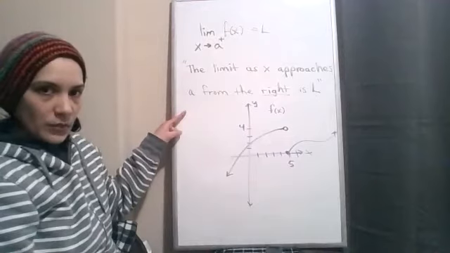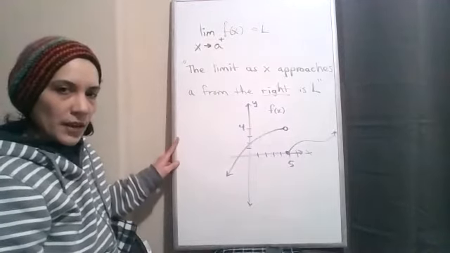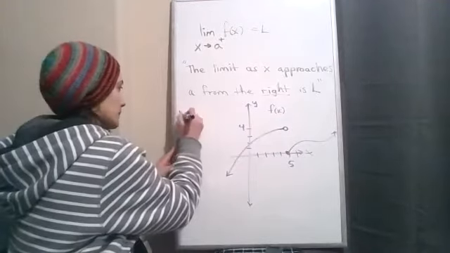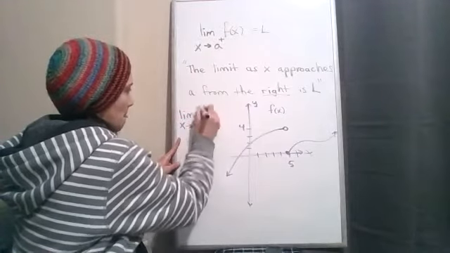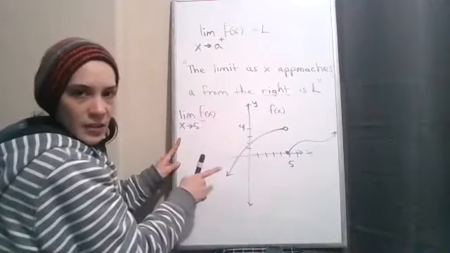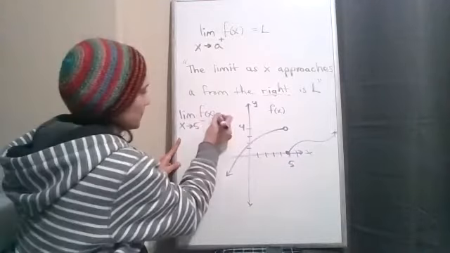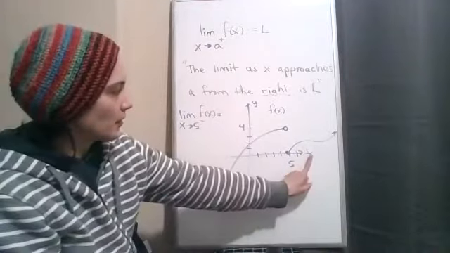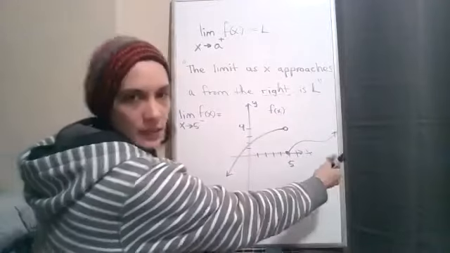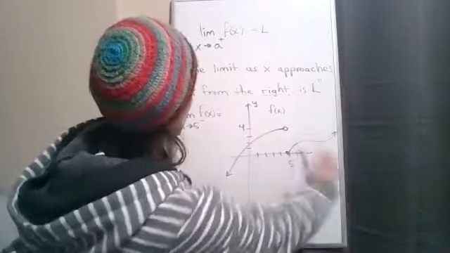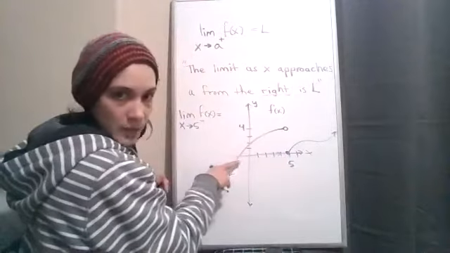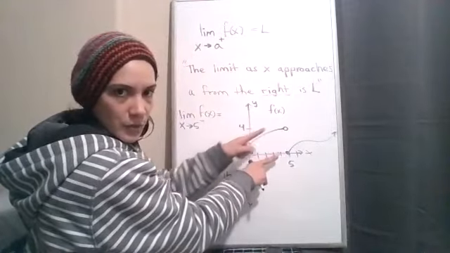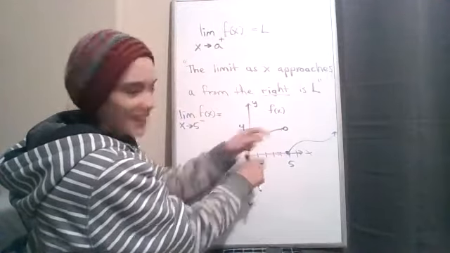Okay, we will find the limit as x approaches 5 from the left of this function f of x. Your x values are going to 5 from the left side, this way. As x values approach 5 this way, outputs approach 4. Yeah, thank you for the answer.